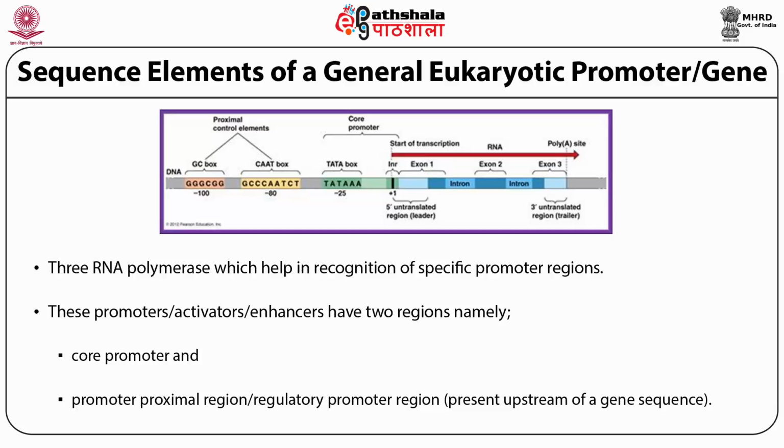The TATA box, also known as Goldberg-Hogness box after its discoverer, is present -25 to -30 base pairs upstream of the start site, and the consensus sequence is TATAAA.